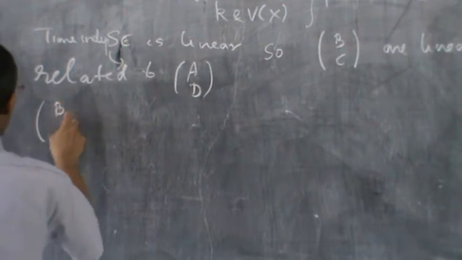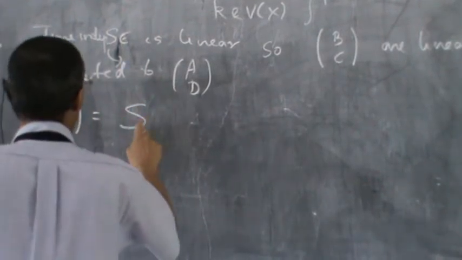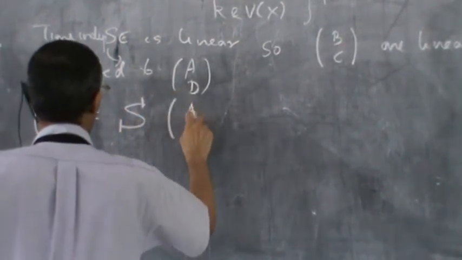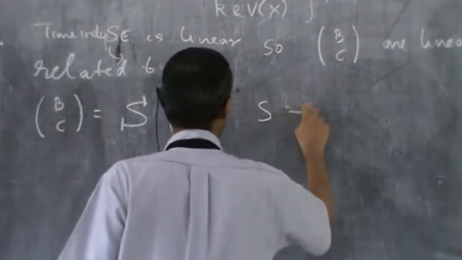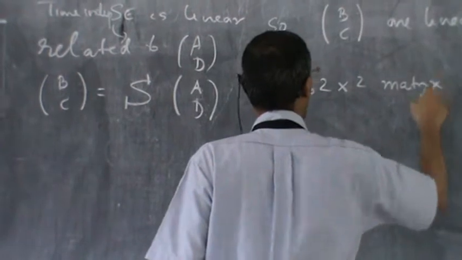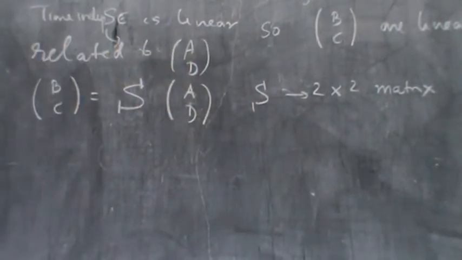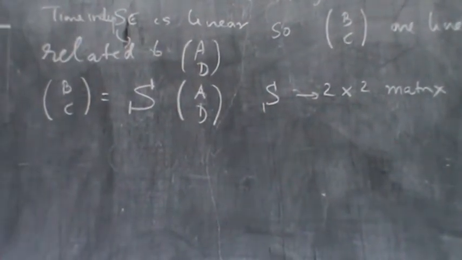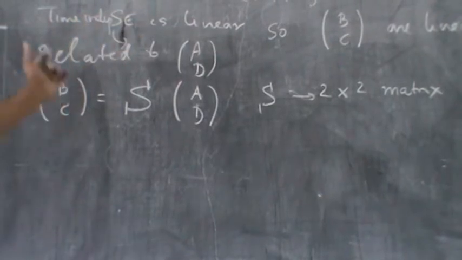That is, (B, C) is equal to some S times (A, D), where S is a 2x2 matrix. That's what it means to be linearly related.